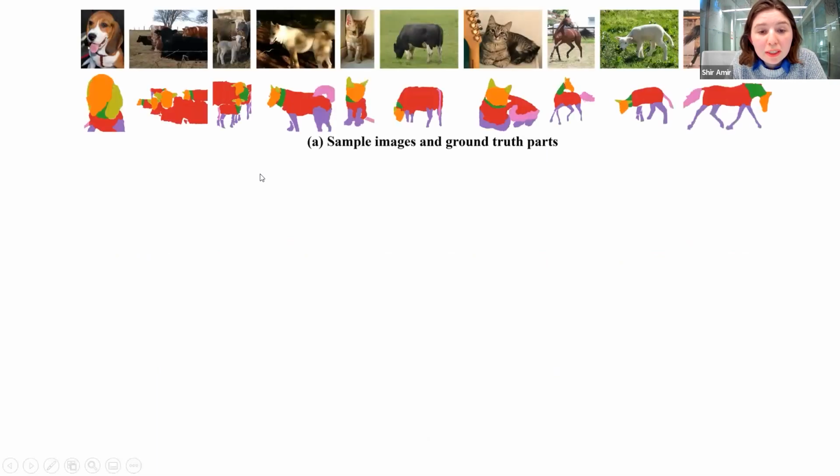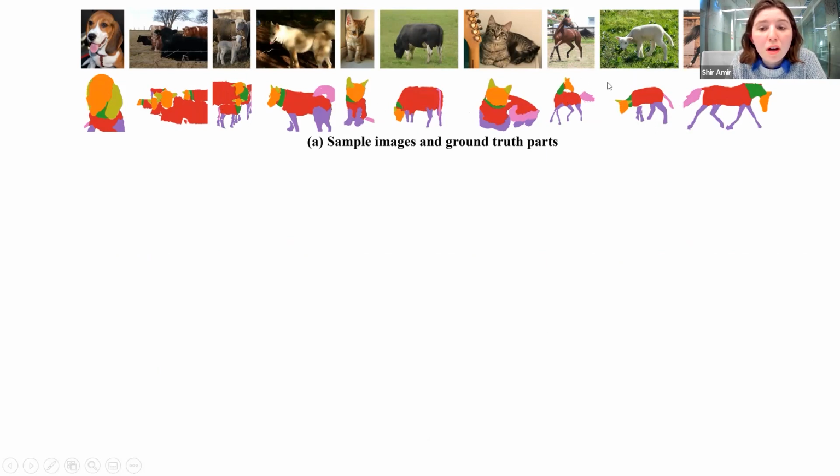Now, in order to be fully convinced that this signal of localizing parts exists in the pre-trained Dino ViT, let's look at the following demonstration. What we did is we took images from the Pascal Parts dataset, which have ground truth annotated object parts. And as you can see, the objects are common, but the classes of the images are not.